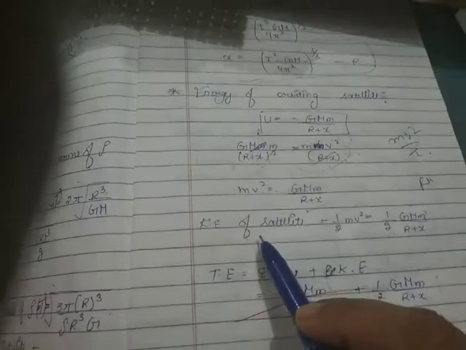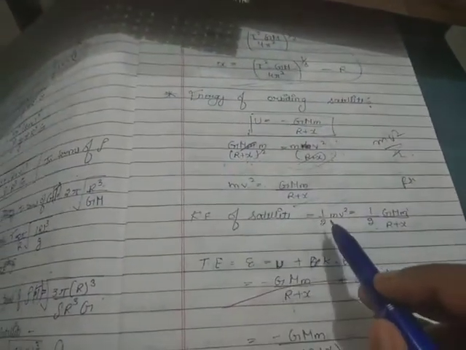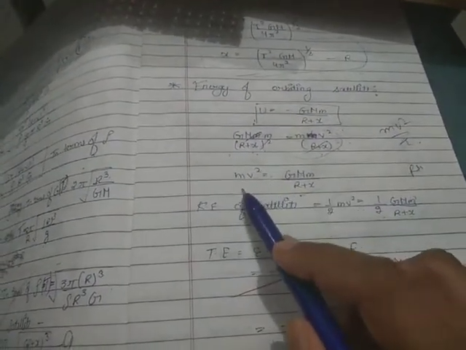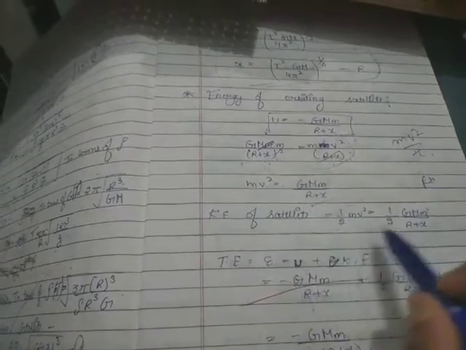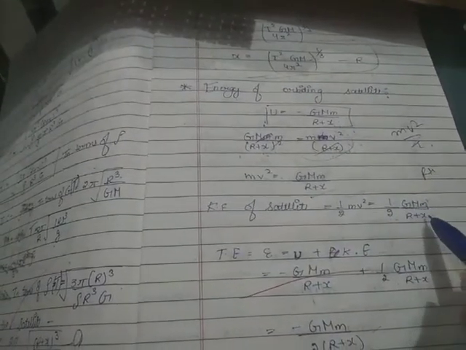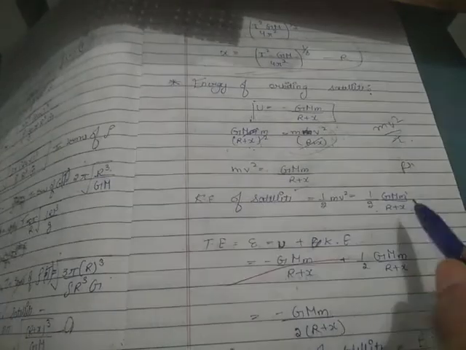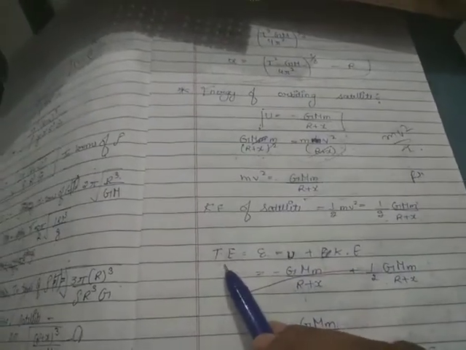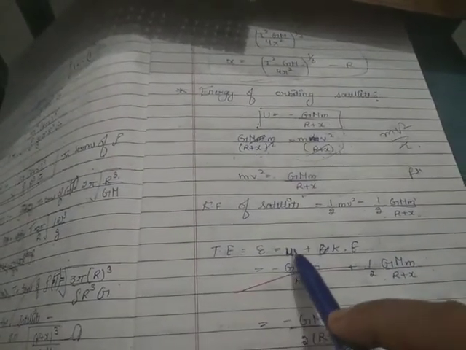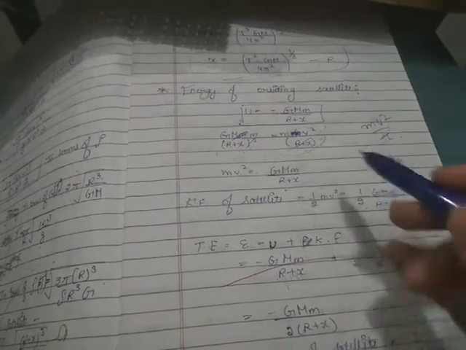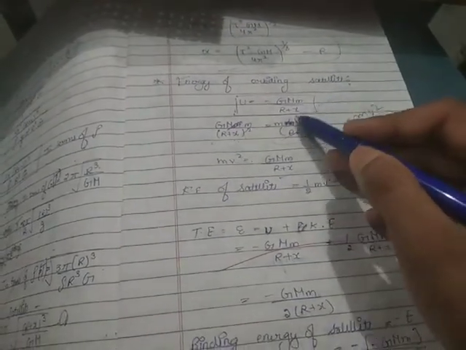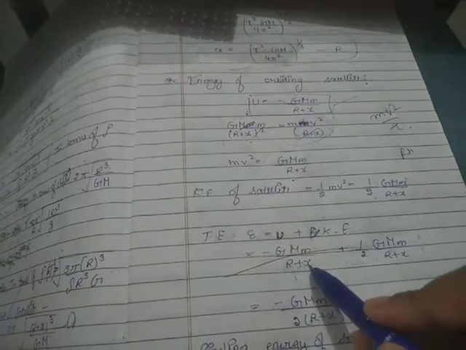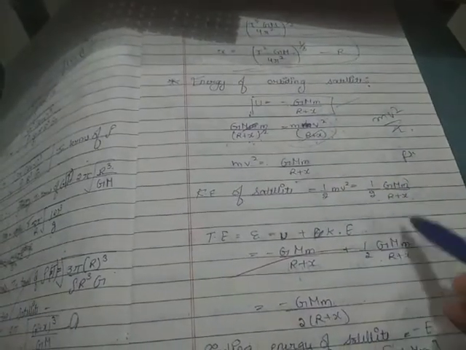Then we know that kinetic energy of the satellite is equal to half mv square. So this is mv square, we will take half on both sides, so it will be half GMm by (r plus x). And we know that total energy will be equal to potential energy plus kinetic energy. Now potential energy is this, minus GMm by (r plus x), and kinetic energy we have already found.